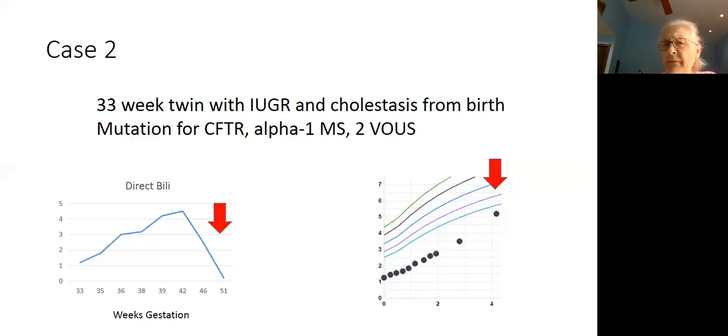And so if you have a mutation that gives you half activity, you may not do well when you have low levels of the transporter, but as you get older, may do better. And this is something we relatively commonly see. And this baby is now growing exceedingly well and doing well and has no signs of liver disease.